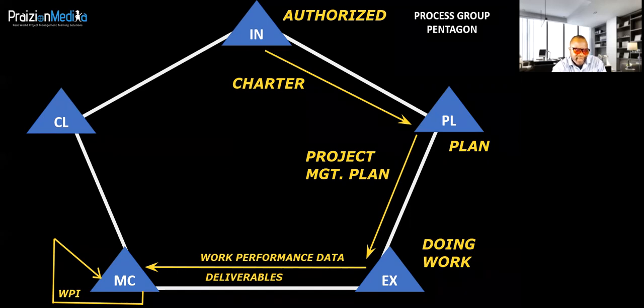So you could think of it like this. Work performance data goes into monitoring and controlling. Work performance information comes out from places in monitoring and controlling. Within monitoring and controlling, this work performance information that is processed work performance data, it tells us stuff.